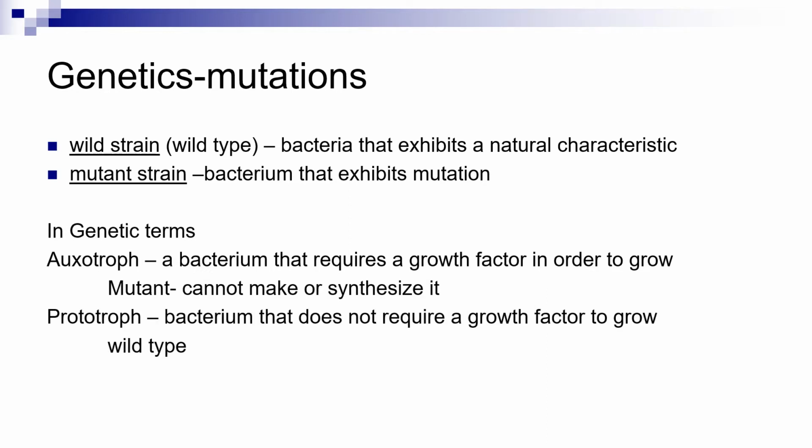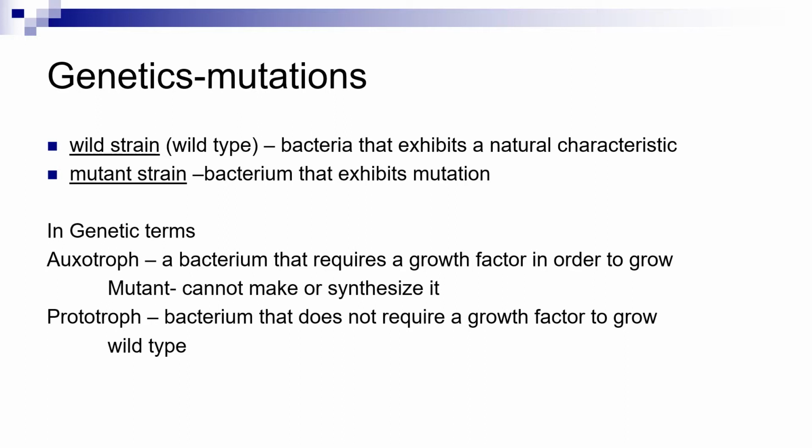So what we had talked about, we talked about genetic mutations, and we'd been through a variety of different types of mutations. But we had gotten to looking at mutations a little bit differently. If we don't mutate something, so it has its natural characteristics, we consider that the wild type.